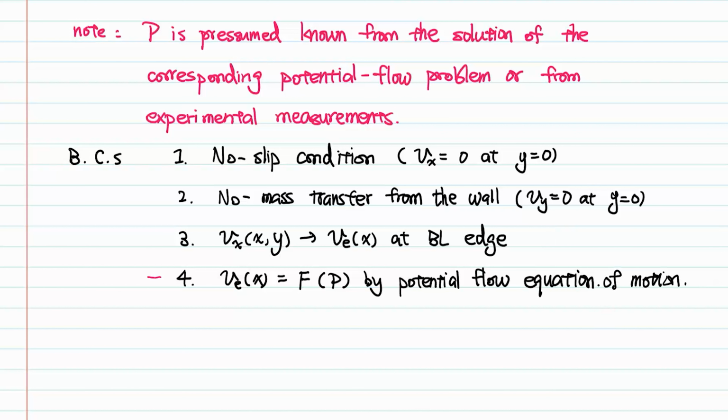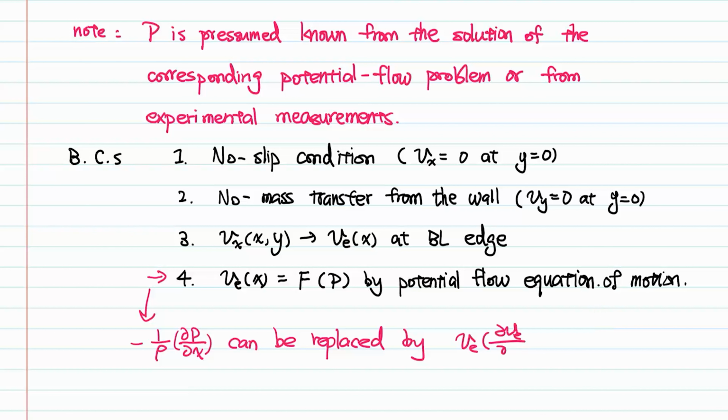It tells us that the term -1 over rho partial p partial x can actually be replaced by Ve times partial Ve partial x.